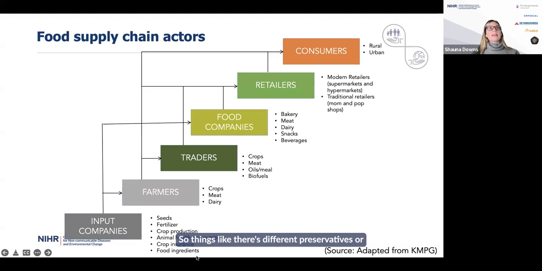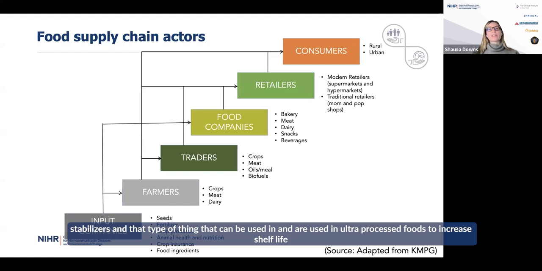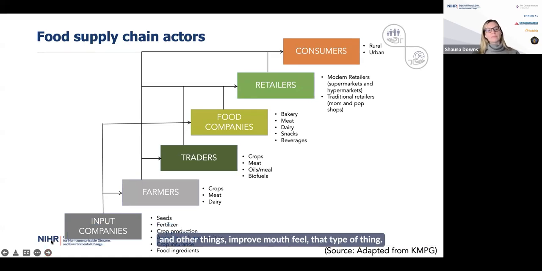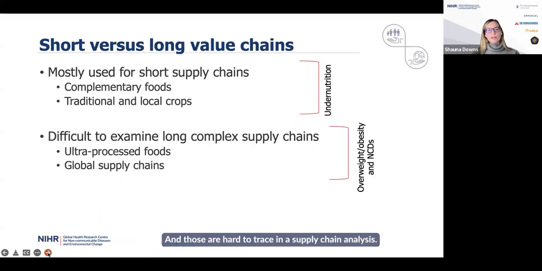There are different preservatives or stabilizers that are used in ultra processed foods to increase shelf life and improve mouthfeel, that type of thing. And those are hard to trace in a supply chain analysis. So it makes it quite difficult.